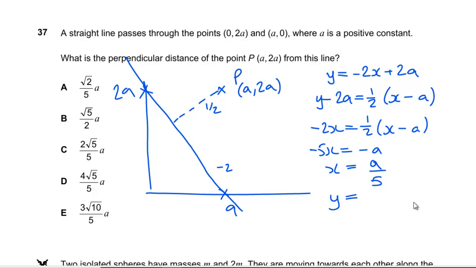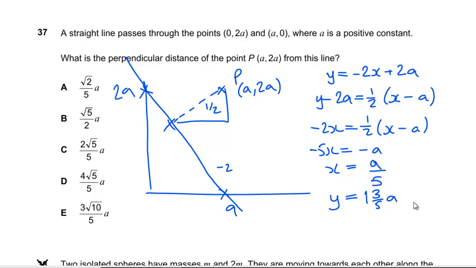oh, this is still horrible looking, isn't it? So I've got 2a minus 2/5 of a. So I've got 1 3/5 of A for Y. And what am I trying to do again? I'm trying to get this distance here. Okay, so that's that point there.